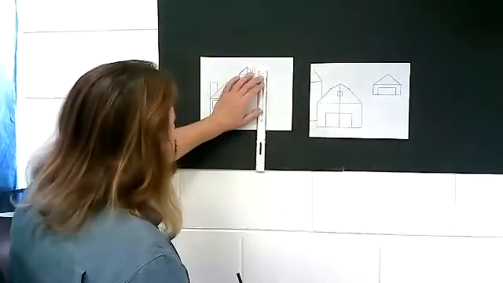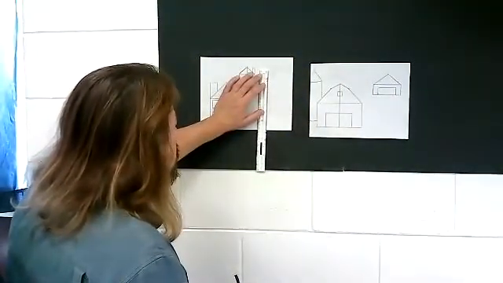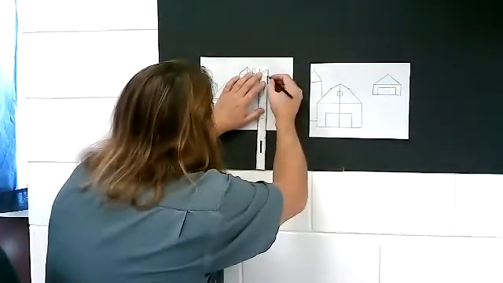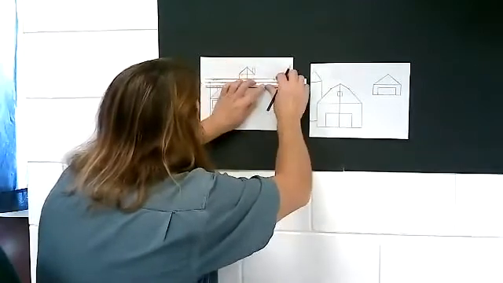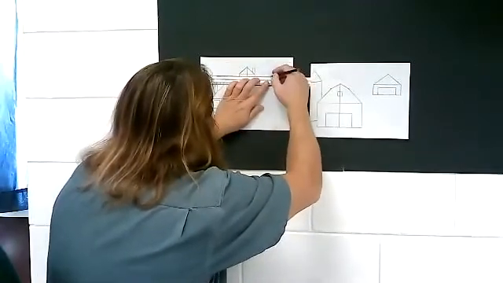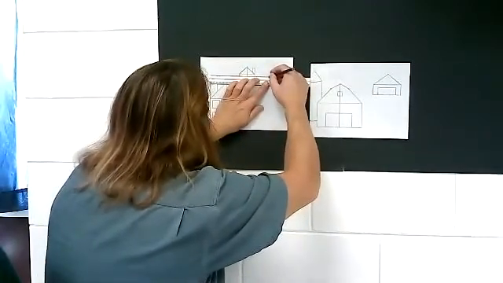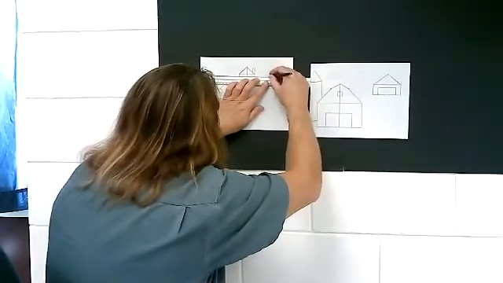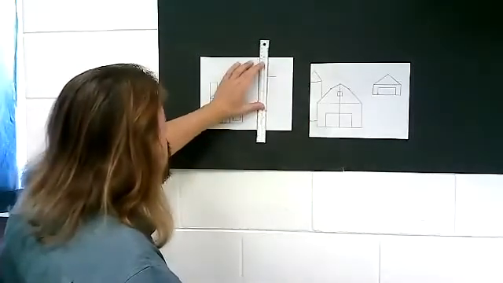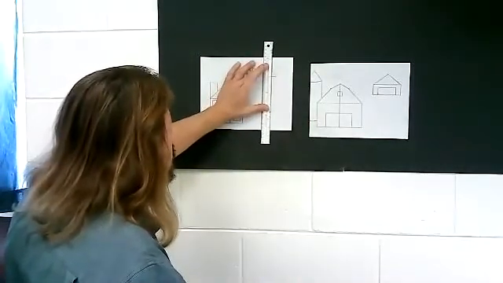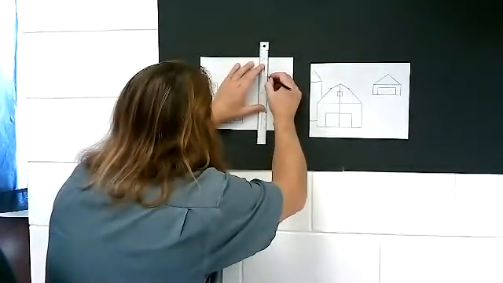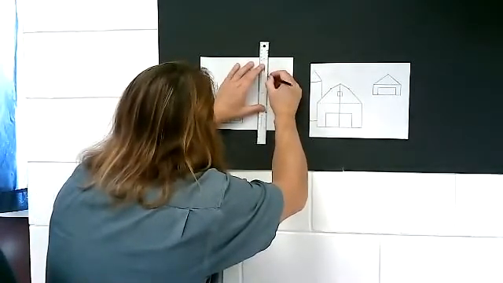And now towards the top here of the paper, you're going to make 1 more building. This one's going to be real tiny though. This one's going to be about 1 inch. Inch wide and 1 inch tall.